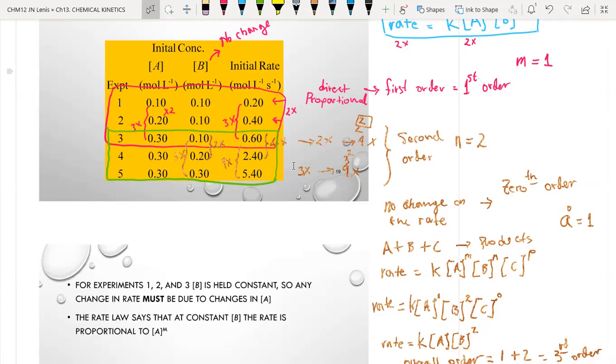That's it. Or you can say, okay, concentration doubles and speed no change is the same. So that means zero order. So that means that particular compound is not affecting the speed of the reaction. You can make changes on concentration of that reactant, and that is not going to make changes in the speed of the reaction.